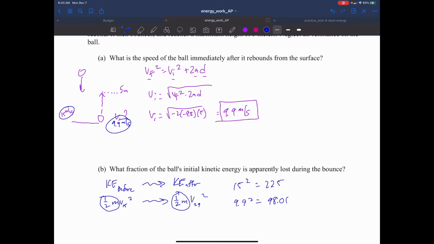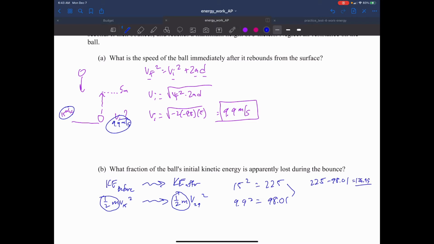So what percentage was lost? The amount that was lost was the difference between these two: 225 minus 98.01, which is 126.99.